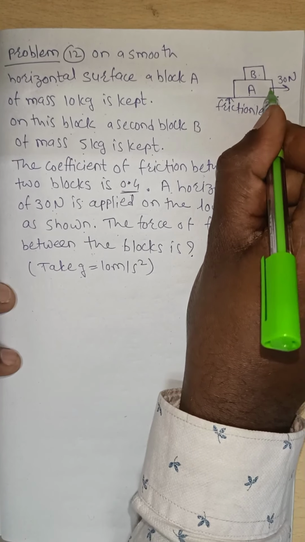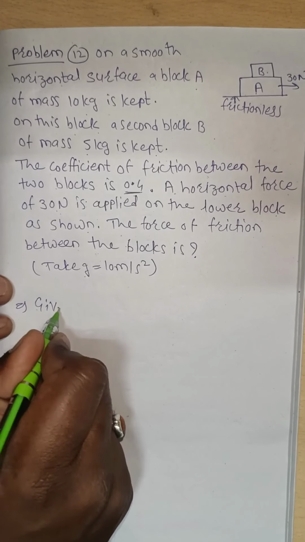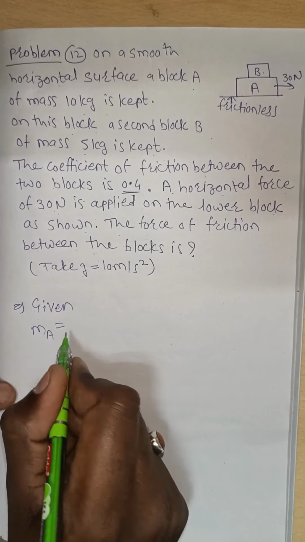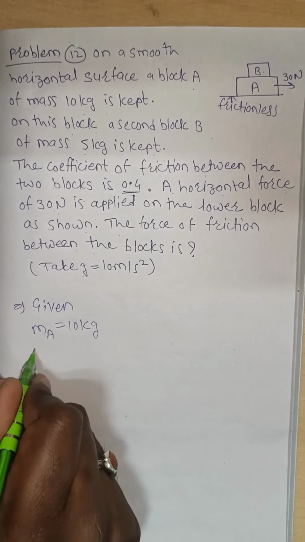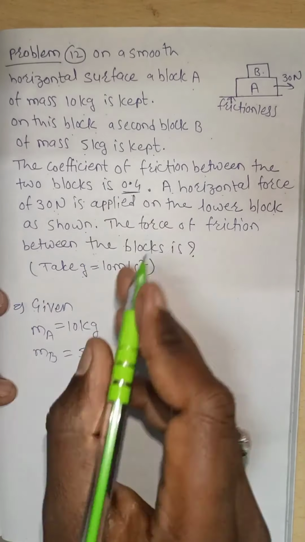Now in that case, what is given? The mass of block A is 10 kg and the mass of block B is 5 kg.